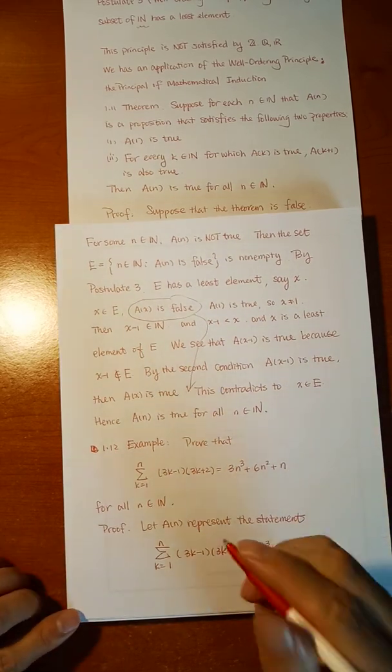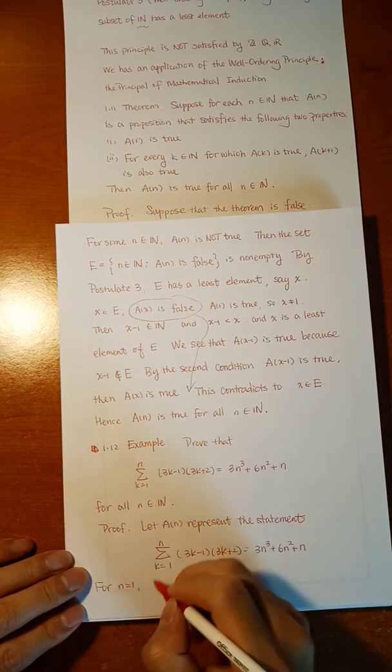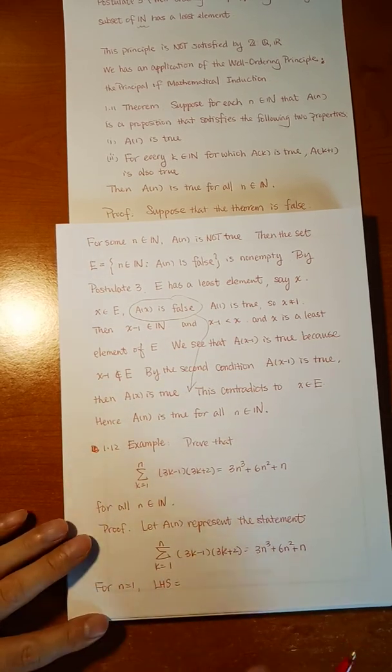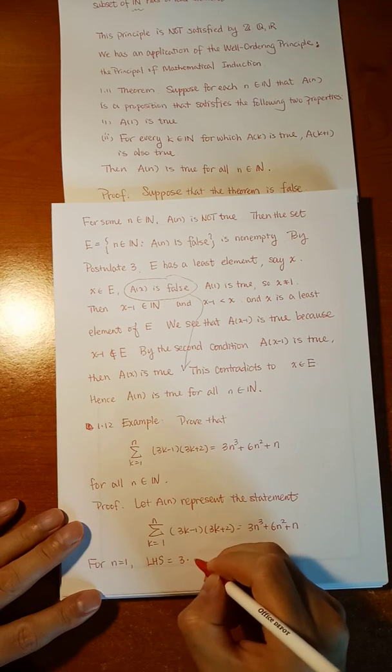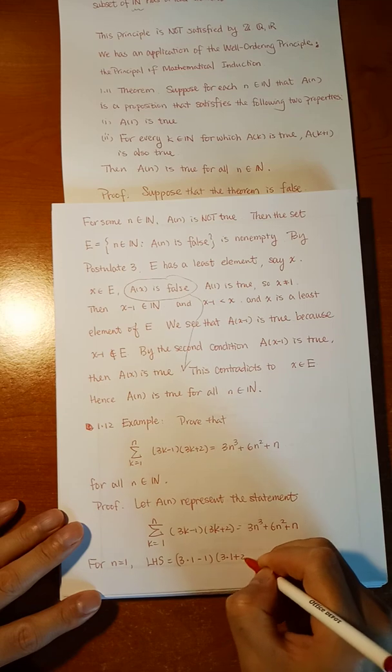Okay, so for n equal to 1, on the left hand side, you don't have sigma, you just have one element. So it's 3 times 1 minus 1, and 3 times 1 plus 2.